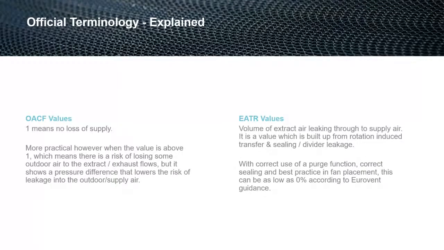For example, Poland has a maximum EATR level of 5% for rotary heat exchangers, and I think it's 0.25% for plate heat exchangers. So whilst there's no overriding guidance across the whole of Europe right now, that guidance is being looked at in terms of EATR and OACF under EN 308 across the whole of Europe to potentially standardize leakage levels within EATR and OACF.